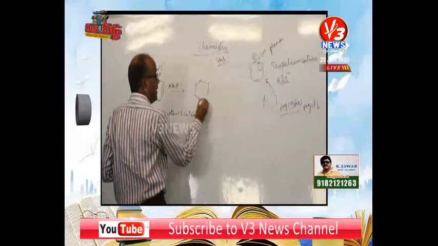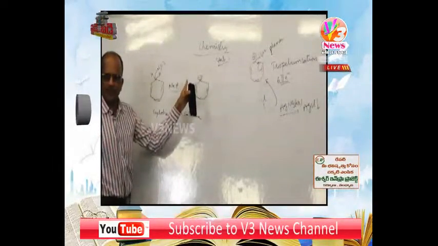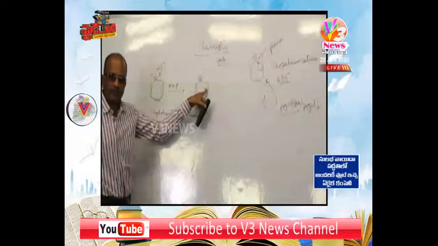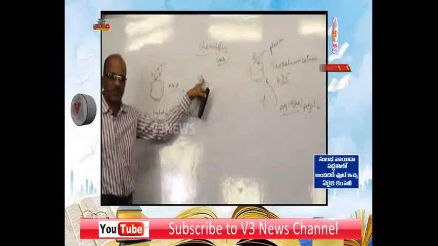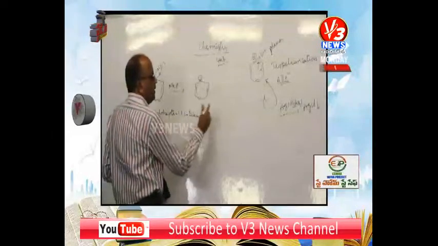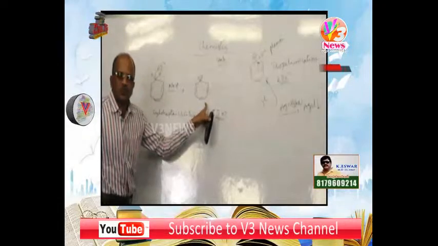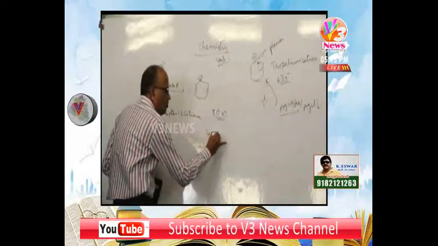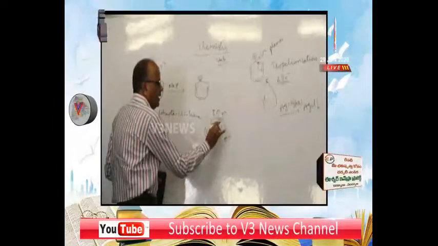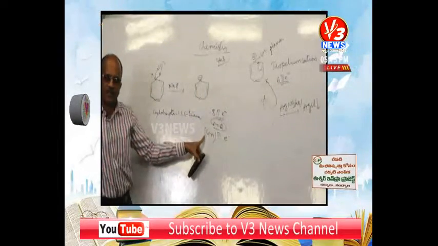If it is losing H plus, then it is converted into an anion. Now check, this electron pair is in conjugation with this pi bond. So this is also considered as a pi electron pair. Then total how many pi electrons? 8 pi electrons. Now tell me, will it follow Huckel's rule? No. It follows which one? 4n pi electron system. If n equals 2 here, so how many pi electrons? 8 pi electrons.